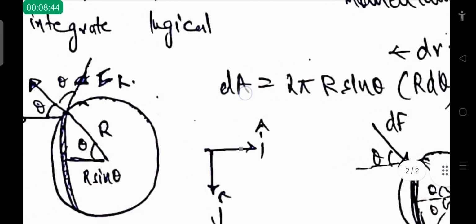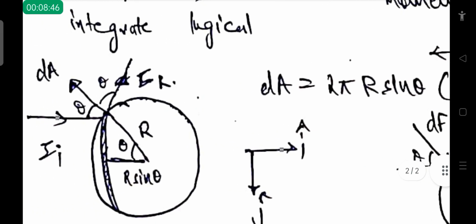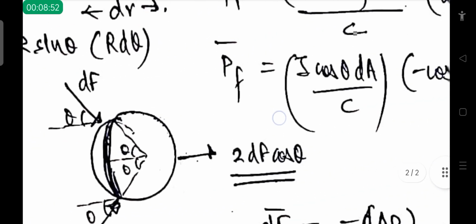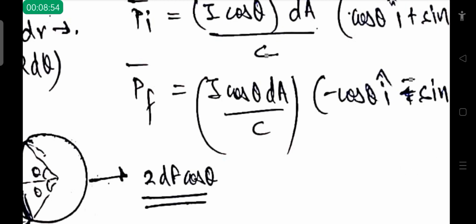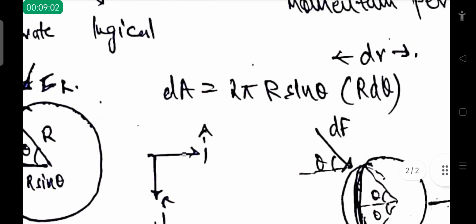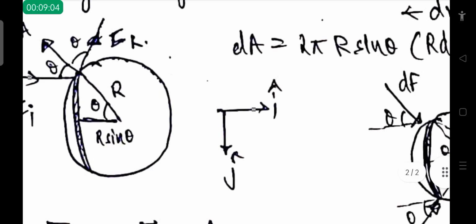Now if we write the final momentum of the light, again we'll take the projection along the dA vector, which is I cos theta into the area dA by c, and now we will resolve this momentum into this coordinate system again.